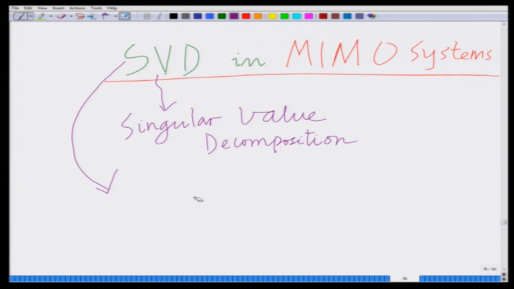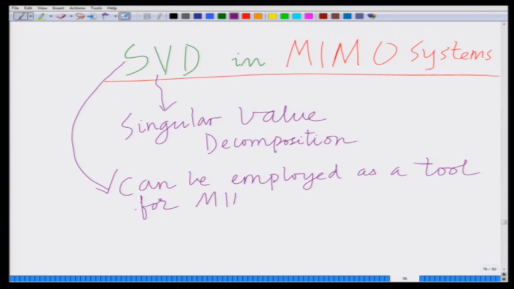It can be employed as a valuable tool for MIMO wireless communication.